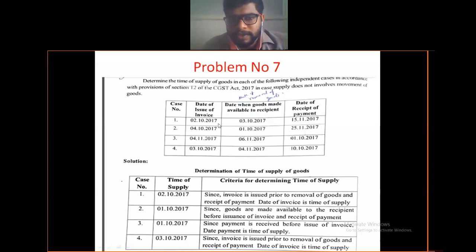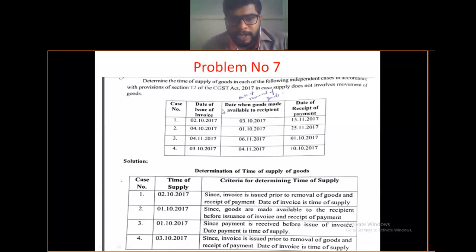Date of issue of invoice is 2nd October, date of removal of goods is 3rd October, date of receipt of payment 15 November 2017. So which is the time of supply? 2nd October 2017, because the invoice is issued before the removal of goods. Very simple.